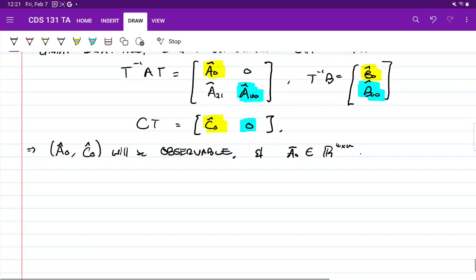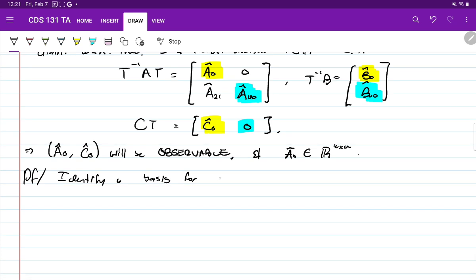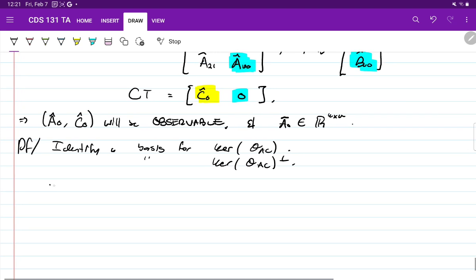Okay, so I'll just very quickly outline the proof. So the proof is: identify a basis for your unobservable subspace, kernel of OAC, okay. Now we'll do the same thing for kernel of OAC perp.